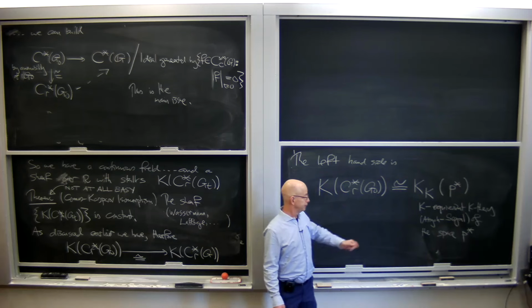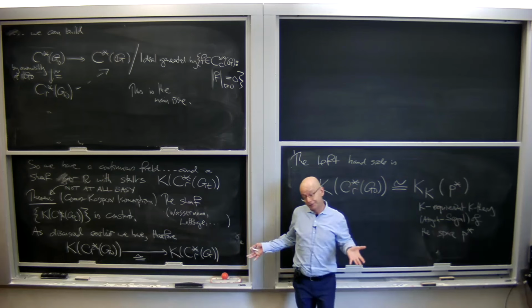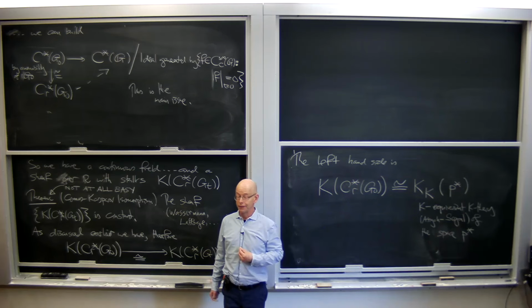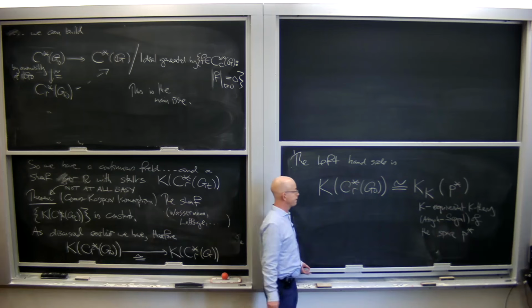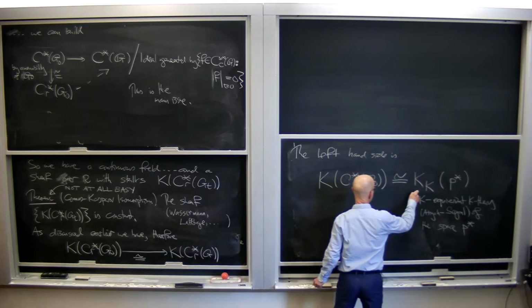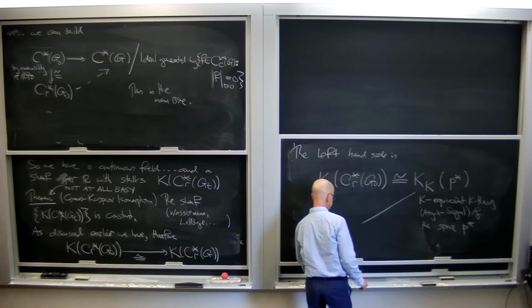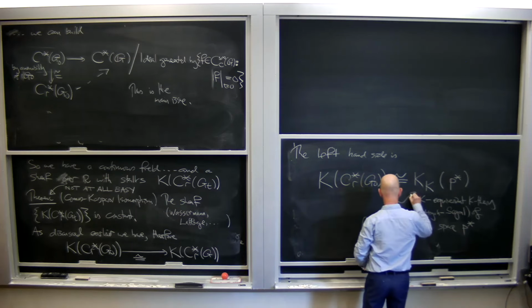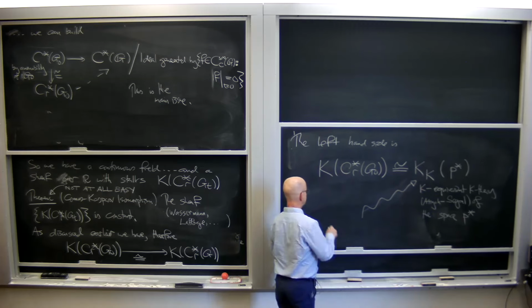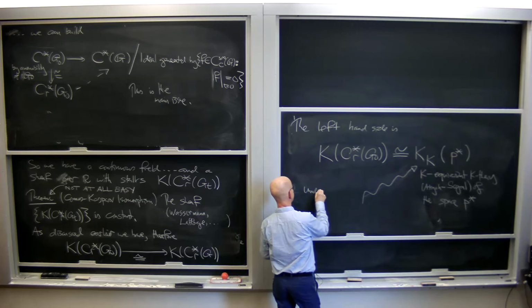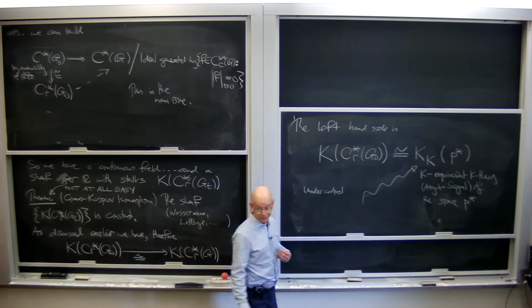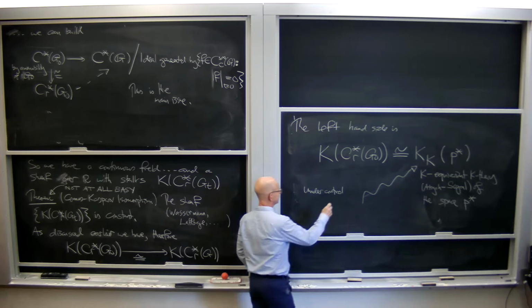Very frequently you can just calculate this, and what you find is the representation ring of K. This is isomorphic to the free abelian group on the irreducible representations of K. So this object is something which is under control, and you can understand it in easily understandable representation theoretic terms.